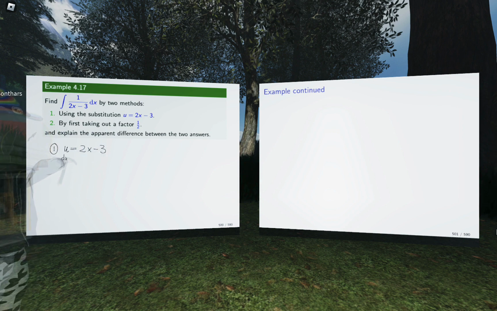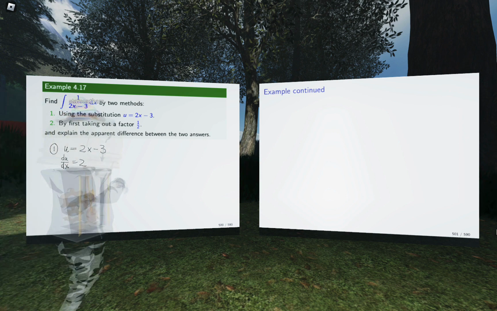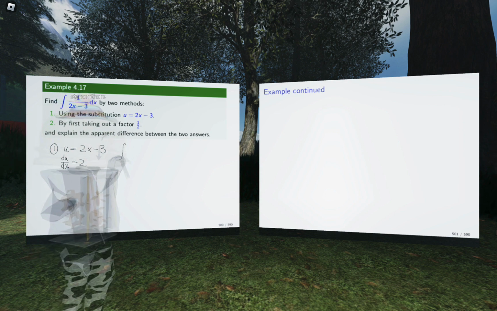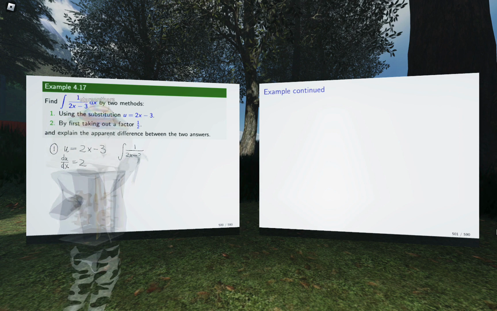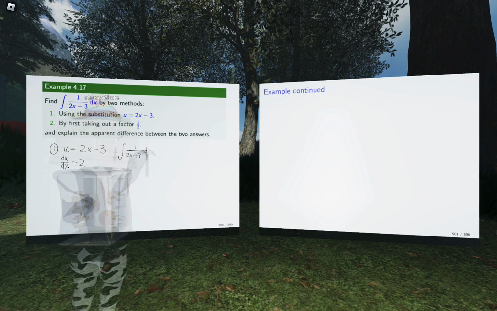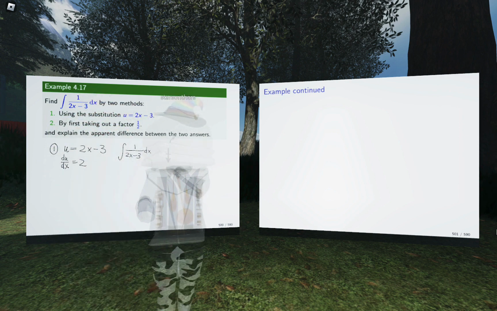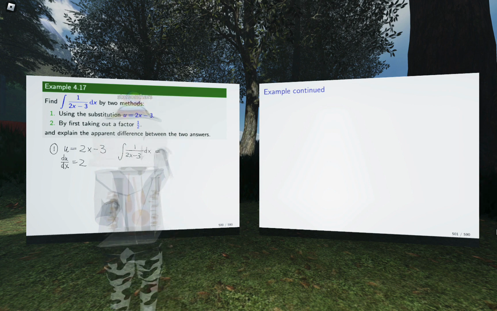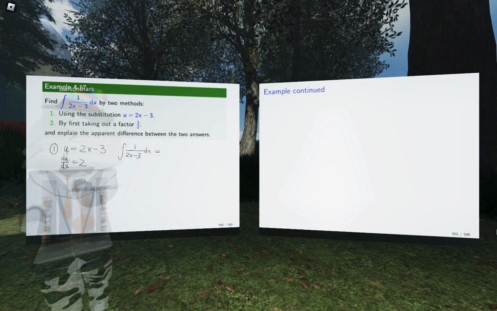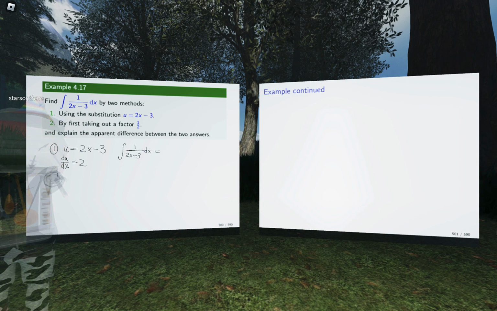Then du dx is 2. And that means that the integral of 1 over 2x minus 3 dx is, so let me write this as a half du dx is 1.